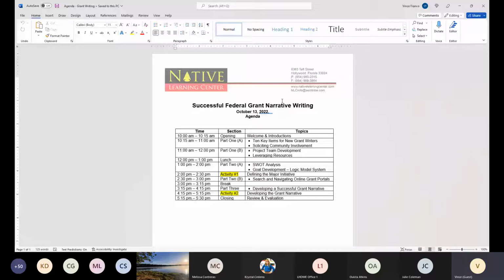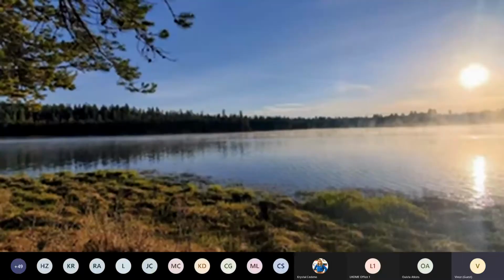That'll be the second activity, where you put a grant narrative together based on either a real grant project that you're hoping to pursue, or a hypothetical one that we give you that you can work with. Then we'll close up. If you have any questions, I'm going to stop sharing that right now.